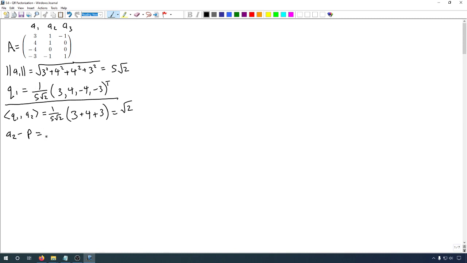So we have our a2, which is 1, 1, 0, negative 1, minus the square root 2 times the 1 over 5 square root 2 times 3, 4, 4, negative 3. And when we work all that out, the square root 2's cancel out. That's very nice, but we still have the 5 on the bottom. And we're going to end up with a 2, 1, 4, negative 2.